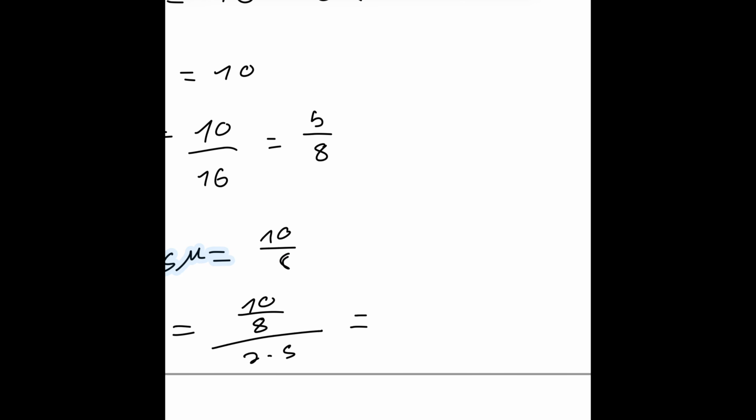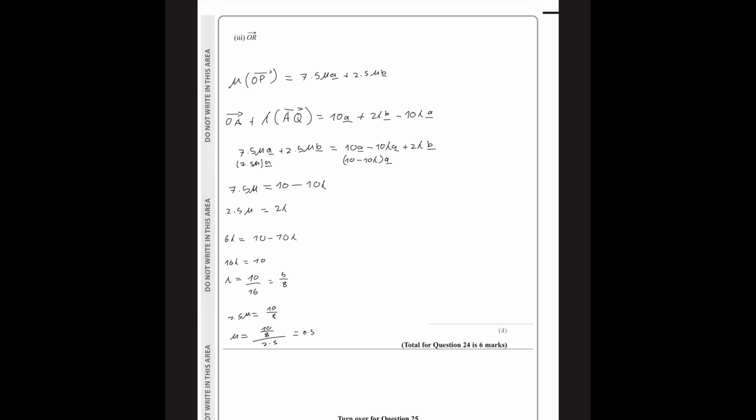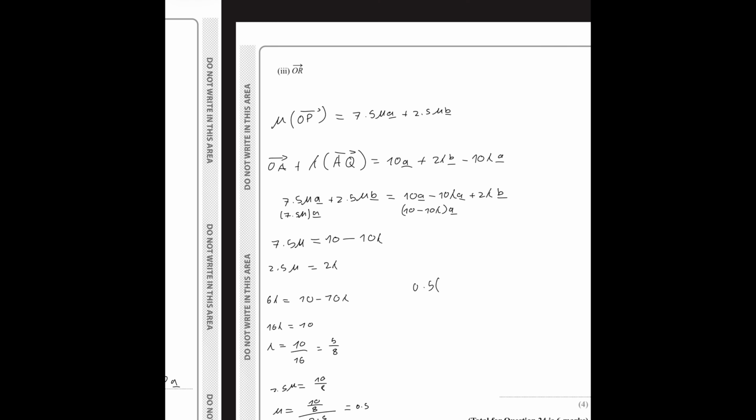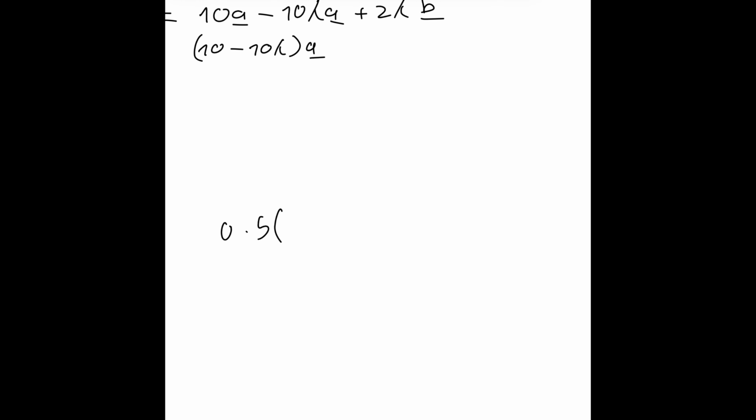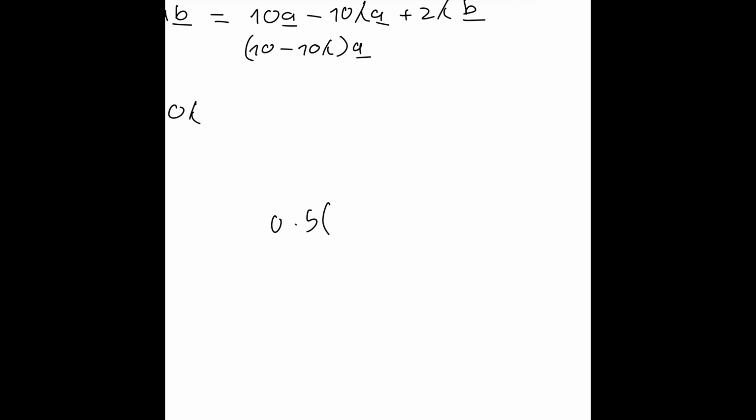Which is a half. Which is quite nice actually, because that just means OR is a half times, remember we established this here, because mu is a half, we know it's a half of OP. And OP is 7.5A plus 2.5b.